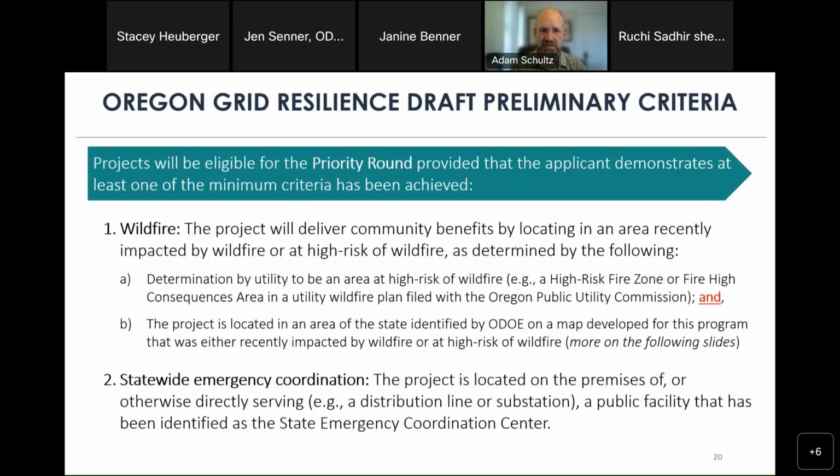So for example, is it identified in the utility's wildfire plans? And second, the project must be located on a statewide map related to wildfire that's identified either having been impacted by recent wildfires or at high risk of wildfire. So in the next couple of slides, I'll show some of these maps to give you a sense of what we're proposing and how this looks on an actual map.